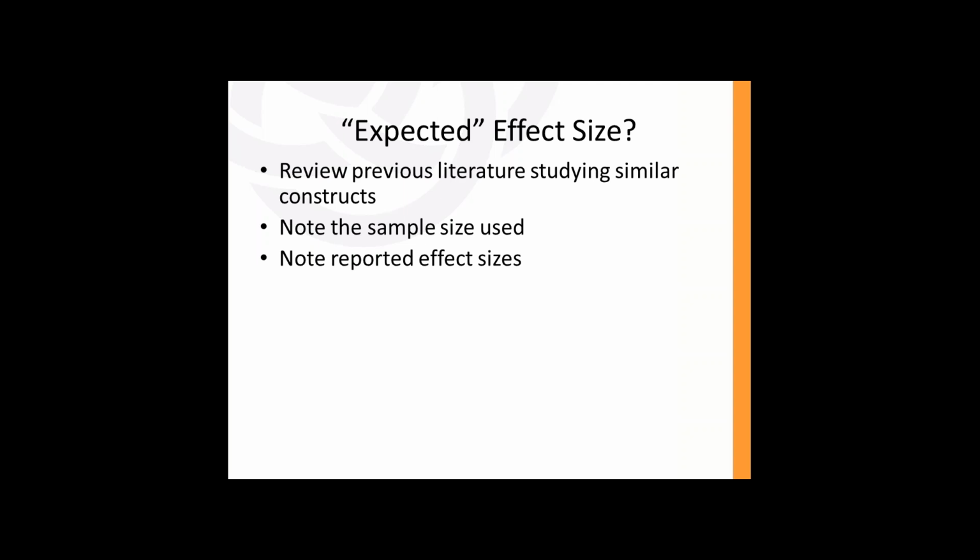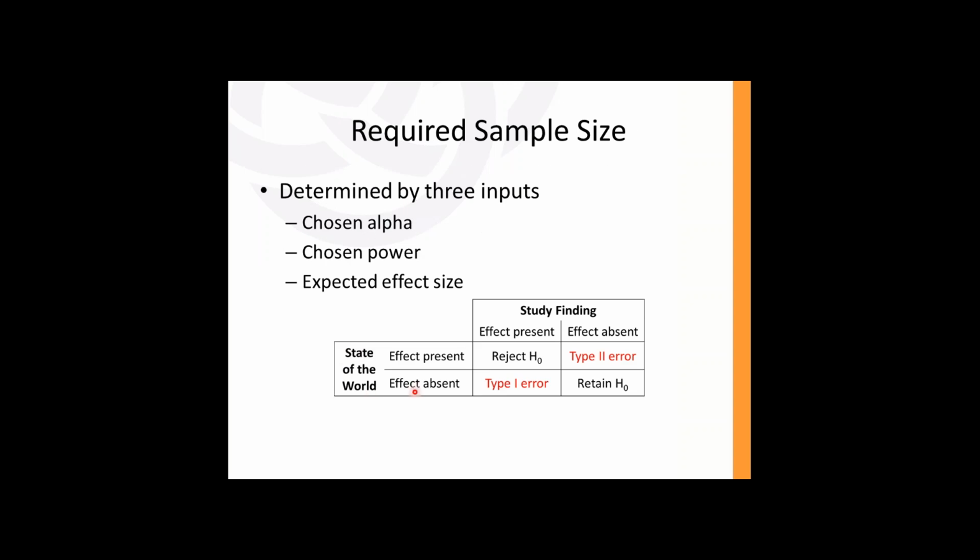But something that's very similar, something that is either related conceptually or uses the same instruments, like the Minnesota Multiphasic Personality Inventory, MMPI, or what have you, and studies a similar population, then you can kind of get an idea of what's going on out in the real world, right? The state of the world that we've looked at in these diagrams here.